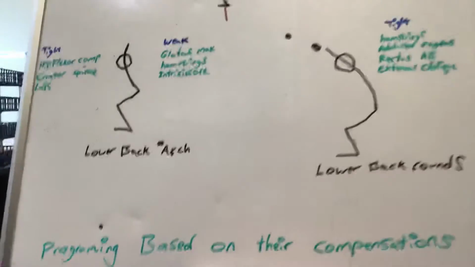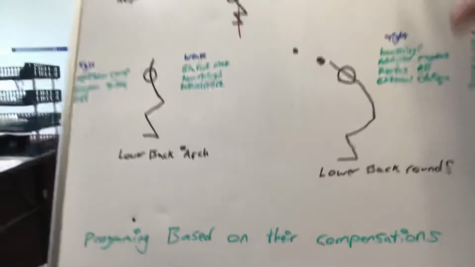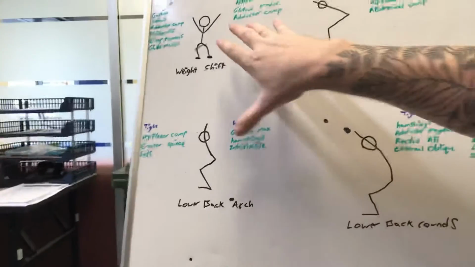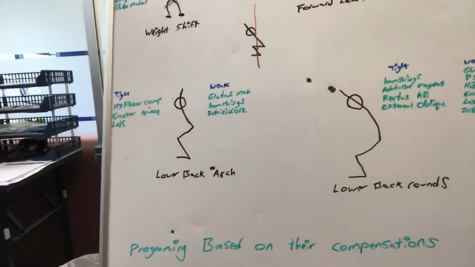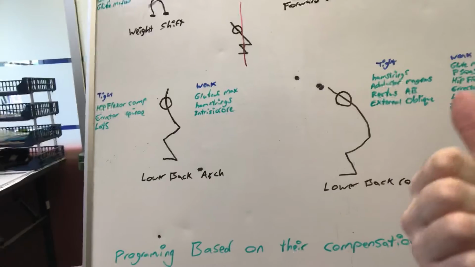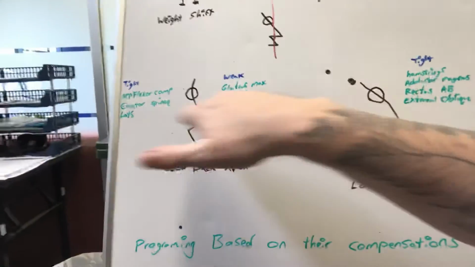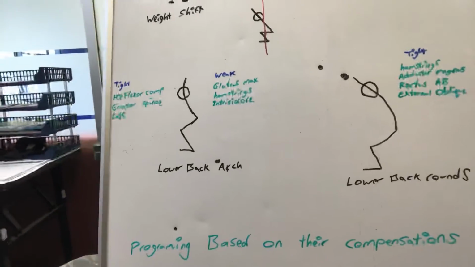So programming based on these compensations, as you see from all of this area, I've categorized everything here from tight to weak. And when you're programming for someone, whether it's a client or an orientation, you want to keep these in mind, because you want to be getting your client to be as functionally optimal as they can. So they don't need to be a super athlete to lose weight, or if their goal is to just lose weight for a wedding, or if the goal is, let's say, getting fit for going a marathon.